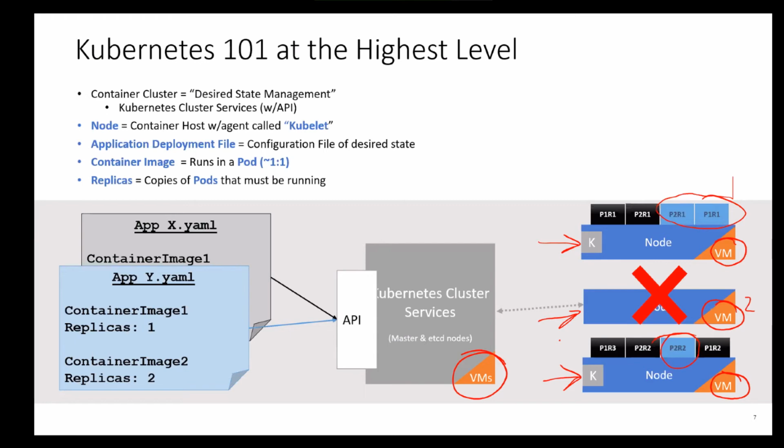What happens if you need to patch it? What happens if you want to upgrade it? I'm going to stay with the vSphere to Kubernetes analogy. Who's going to act as VMware Update Manager? Because we're patching our ESX hosts all the time.